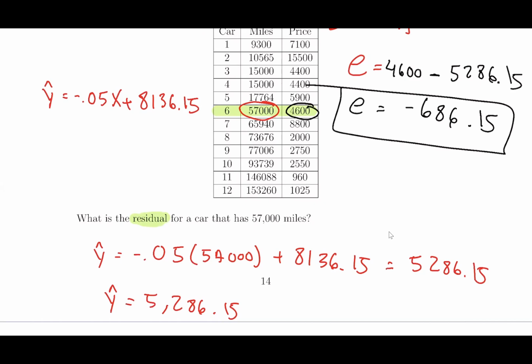And that's how you do the residual. For the residual, you first find what y hat is equal to. Once you find y hat, you subtract y hat from the actual value, and the actual value should always be in the table set.